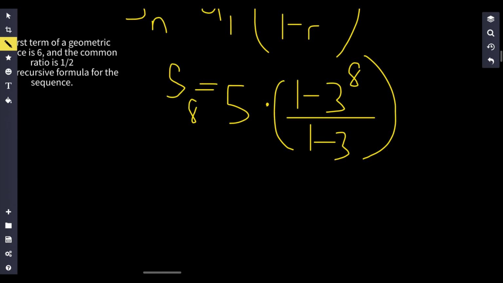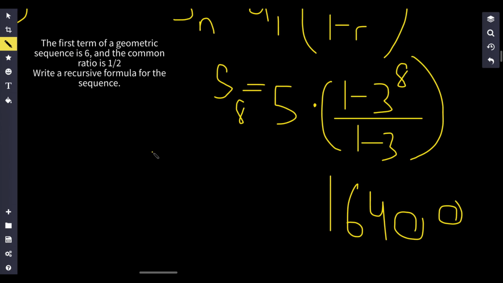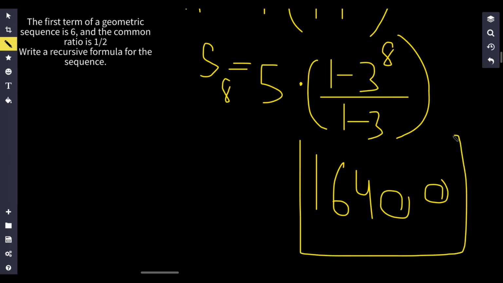So it's 1 minus 3 to the 8th power, divided by negative 2, times 5. That's going to be 16,400, and that's going to be our answer.